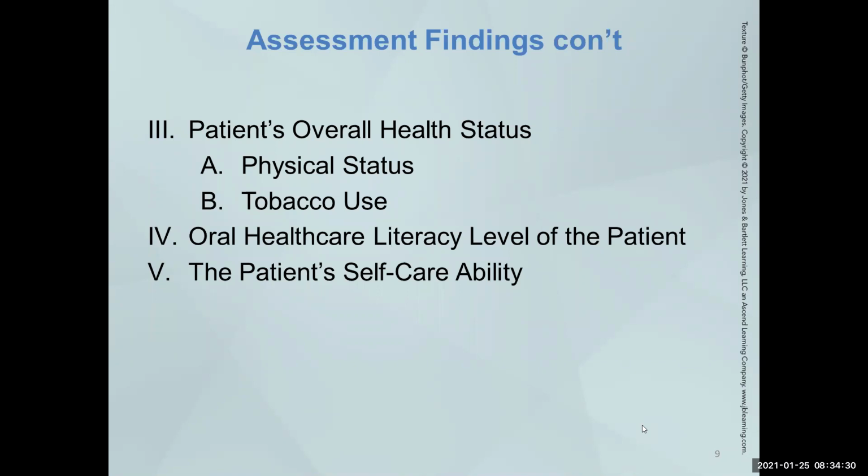Is it in your hip, or is it in your hands? Is it in your neck? Do I need to alter how I am laying you down or can't lay you down? Self-care ability is not only physical, but their mental capability as well. Is this patient needing somebody else to take control of things?